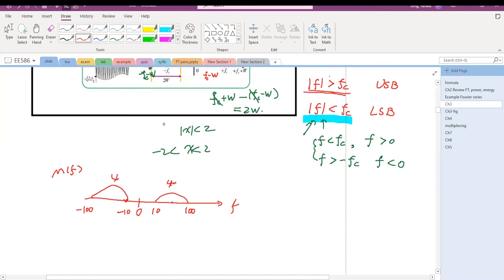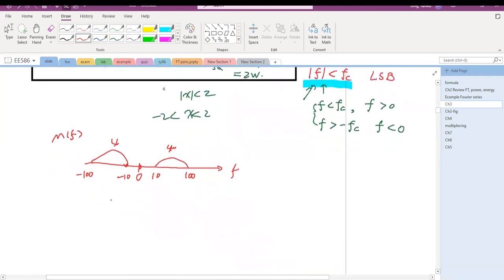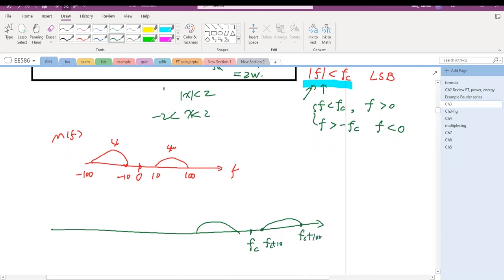Then if I modulate this signal, this spectrum moves to FC here. So this is FC, and here this is FC plus 10, and this is FC minus 100, right? And you can see here there's no carrier frequency in the modulated signal.